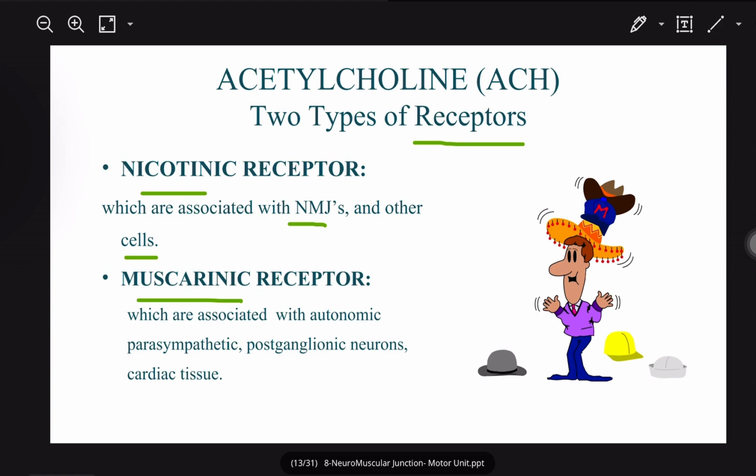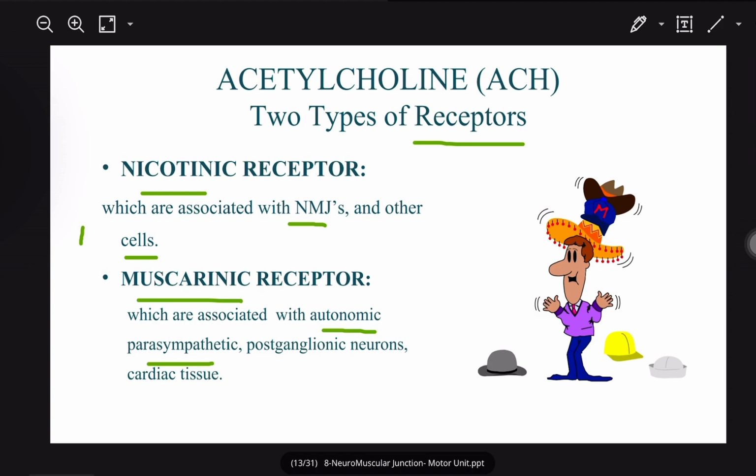Whereas muscarinic receptors are associated with the autonomic parasympathetic system. Briefly, this is parasympathetic and this is sympathetic.